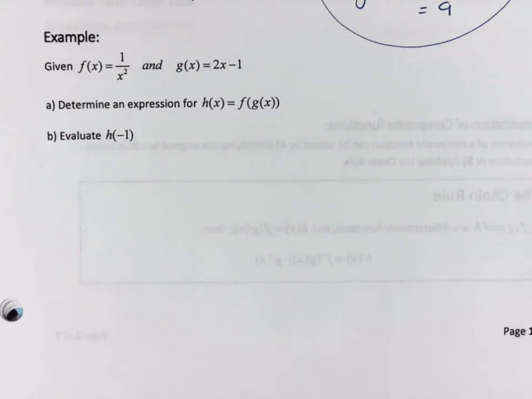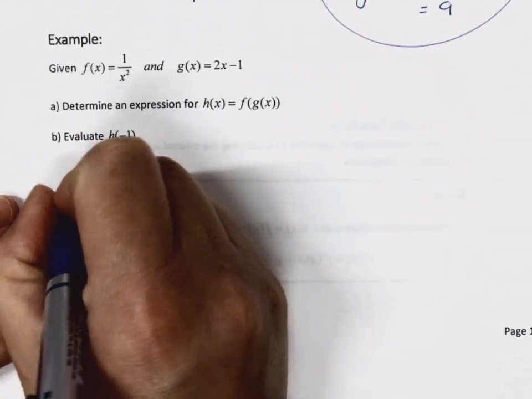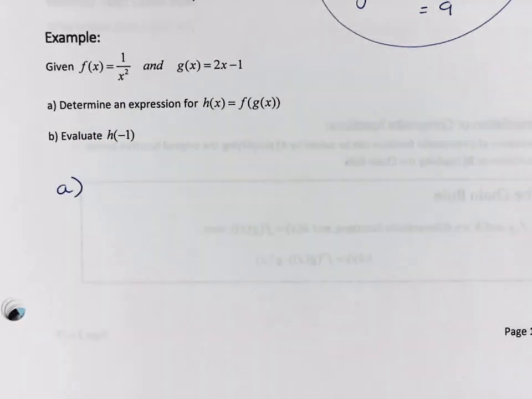Okay, so what's the composite function here for h of x? I'll give you a second to put what you think is the composite function together. Chances are you're going to be right.